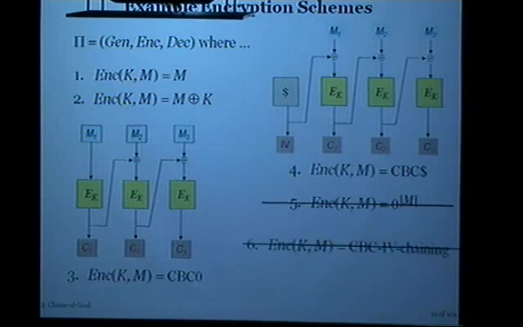And this isn't a good encryption scheme either, but now for a kind of trivial reason. The encryption scheme I have in mind is to do this mode for the very first plaintext that gets encrypted, and then to take this final ciphertext block and use it as the IV the next time around. Okay? Why isn't that a good encryption scheme? It's not a good encryption scheme because I didn't allow for stateful encryption.